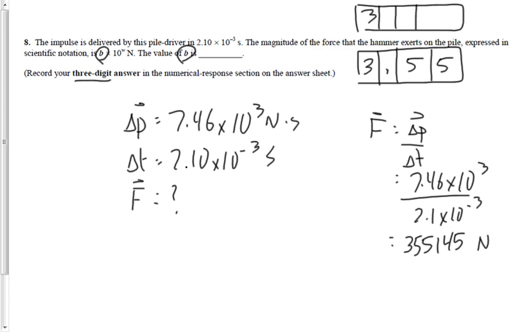Because they see this B times 10 to the W, we only want the value of B. Okay? The base doesn't have to be a single digit. Okay? Read the sentence after that. Record your 3-digit answer. They're telling you the value of B is 3 digits. It's simply something decimal something something, 3.55.